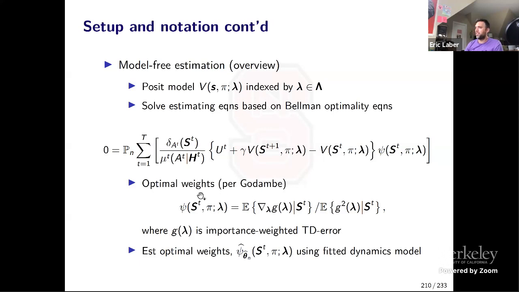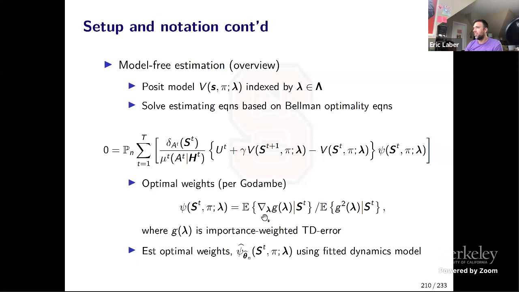Well, the optimal weights, in terms of the theory of estimating functions, a la Godambe and others, the optimal weight psi(s_t, pi, lambda) is the expectation of the gradient of this function g, I'll say what g is in a second, divided by the expectation of g squared, all given s_t.